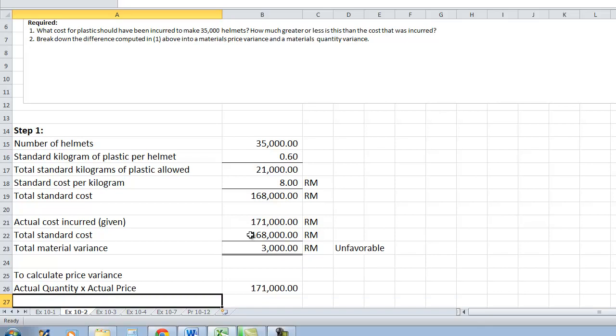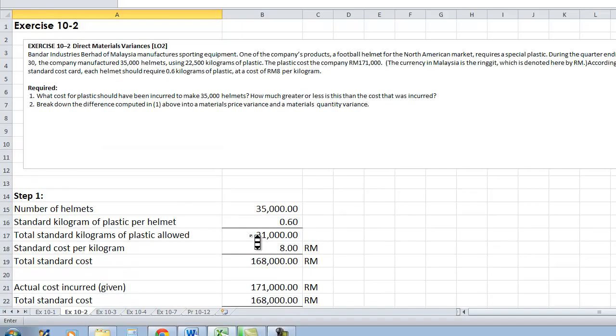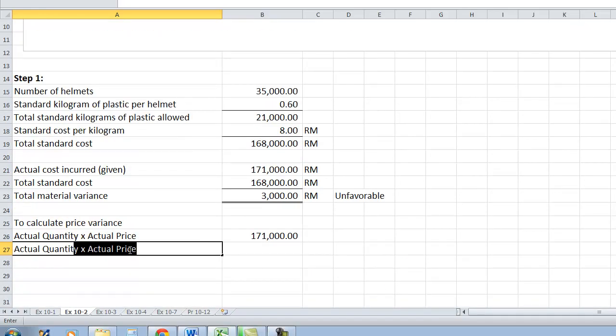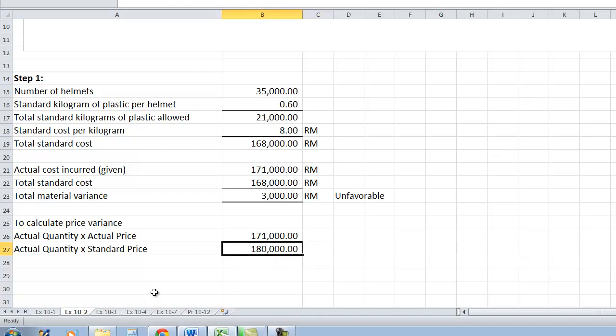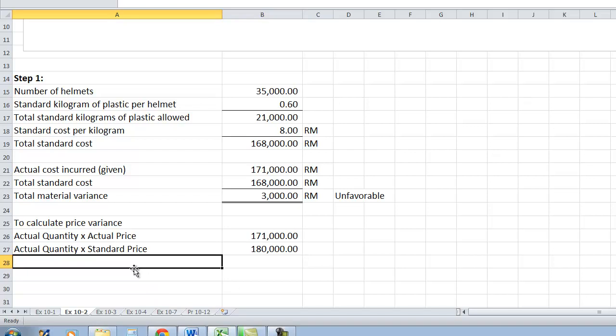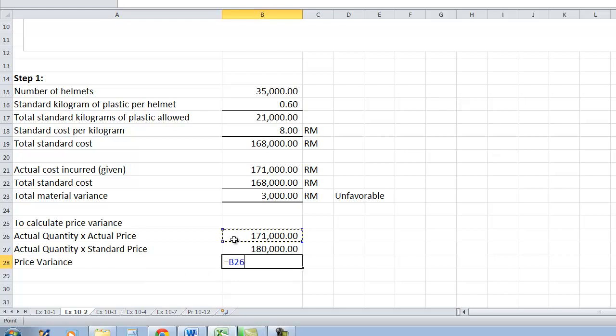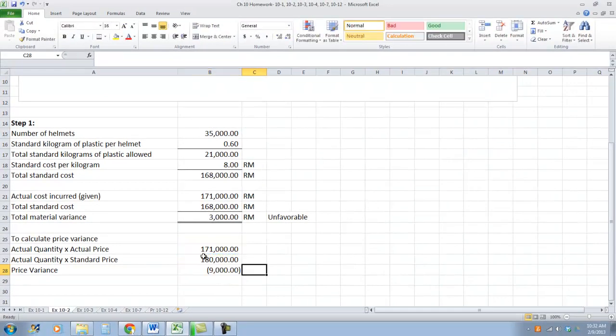And then we're going to take actual quantity times standard price. So that equals 22,500 kilograms times our standard price. So the price variance is favorable. We saved 9,000 RM.